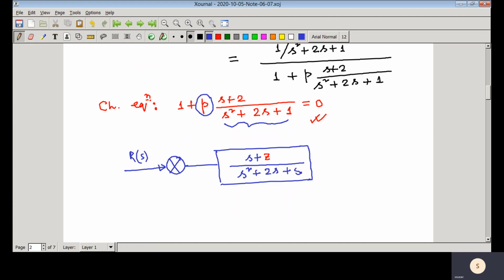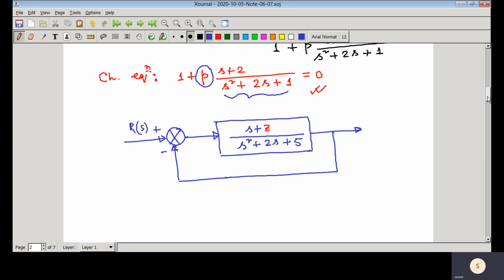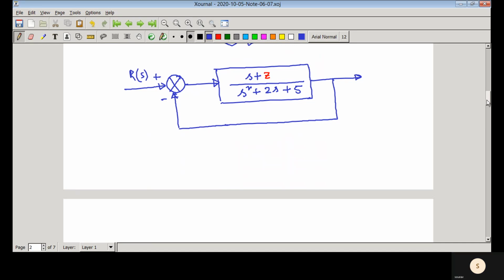How can we formulate this problem in the root locus framework? That is our objective. When that zero is varying, the closed loop poles also will be varying. If we represent it graphically, we can understand what would be the location of the closed loop poles. So let us see how to formulate this problem.